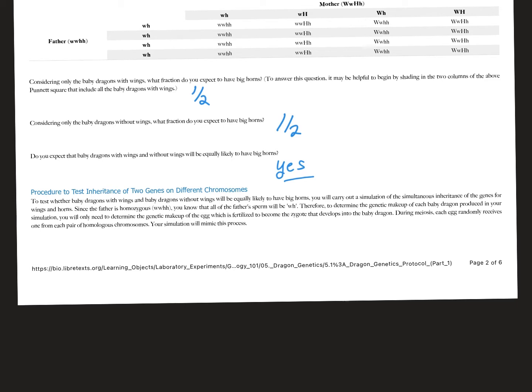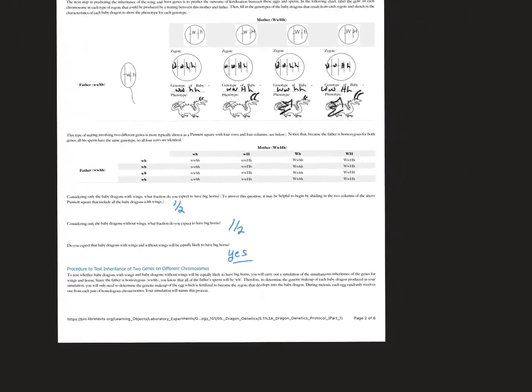Therefore, to determine the genetic makeup of each baby dragon produced in your simulation, you will only need to determine the genetic makeup of the egg that is fertilized to become the zygote that develops into the baby dragon. During meiosis, each egg randomly receives one of each pair of homologous chromosomes. Your simulation will mimic this process.